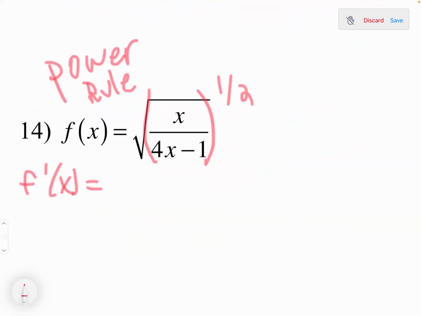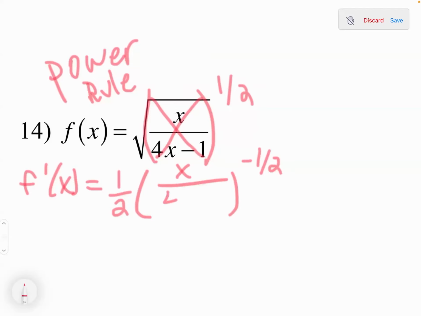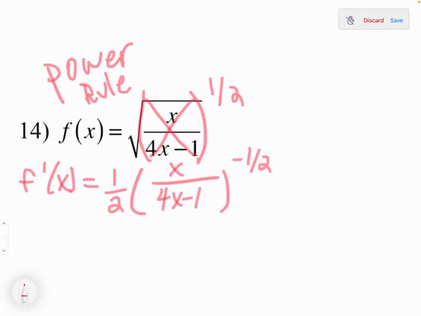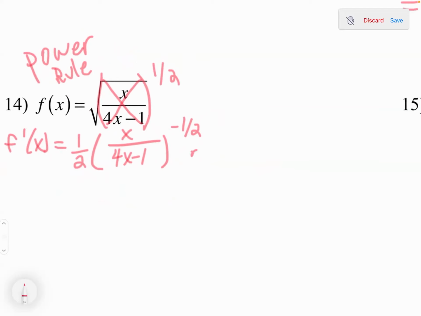Using chain rule, imagine that this is something raised to the 1/2 power. So the derivative is going to be 1/2 raised to the negative 1/2. We're not going to change this on the inside, x over 4x minus 1. And then to take the chain rule in effect, we now have to take the derivative of this x over 4x minus 1, which would be quotient rule.